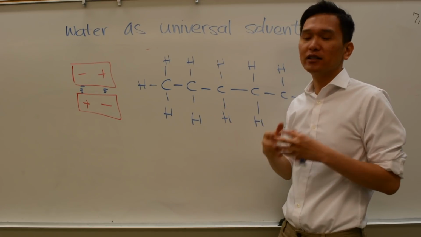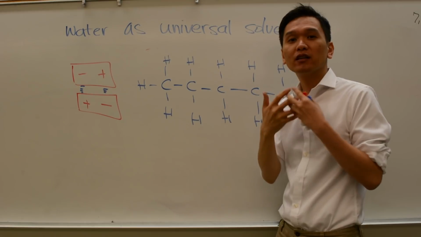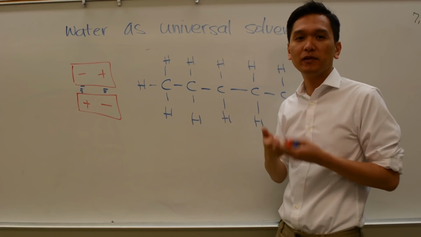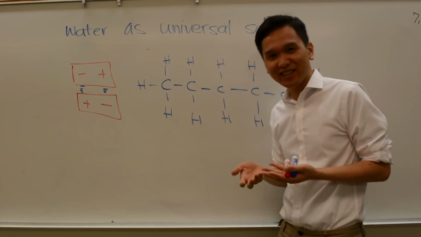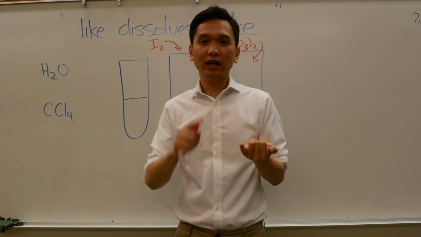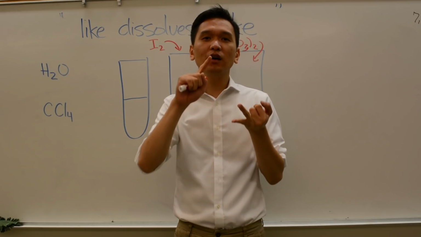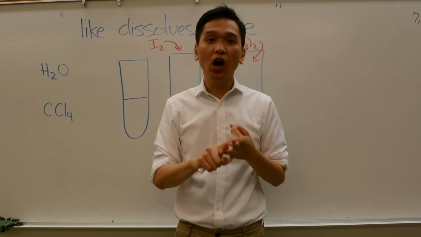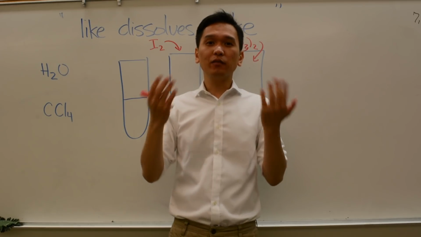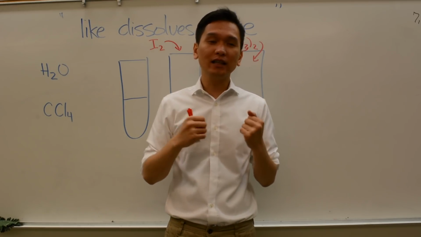Okay, so it's all about the intermolecular interactions, whether something will be solvated or not. So we just saw that water can dissolve ionic compounds, water can dissolve polar molecules, but water cannot dissolve non-polar molecules. So let's see if we can apply this concept to a situation in the lab.